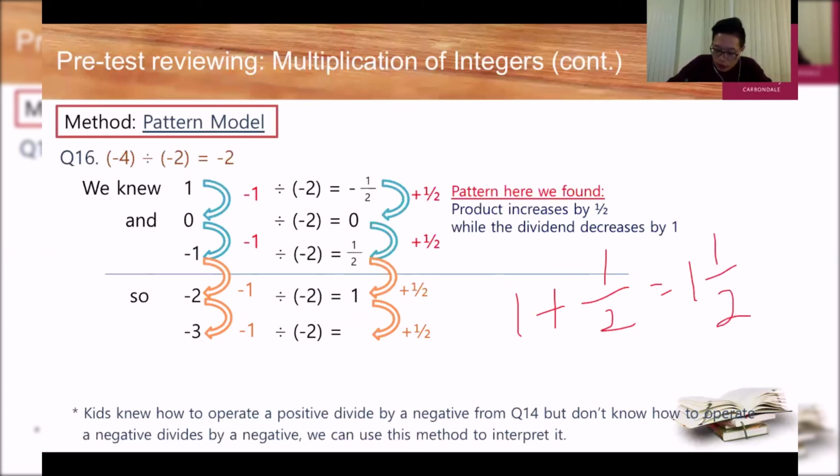So this is a mixed number, right? It can be written as an improper fraction. The improper fraction here will be 3/2. Okay, that will be the answer.